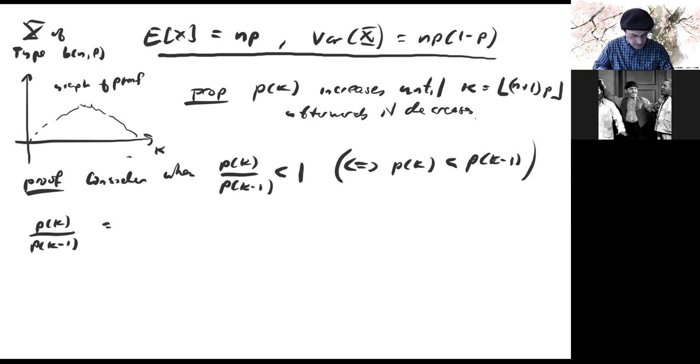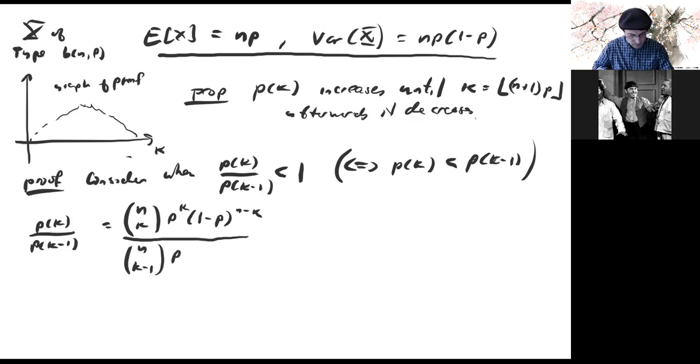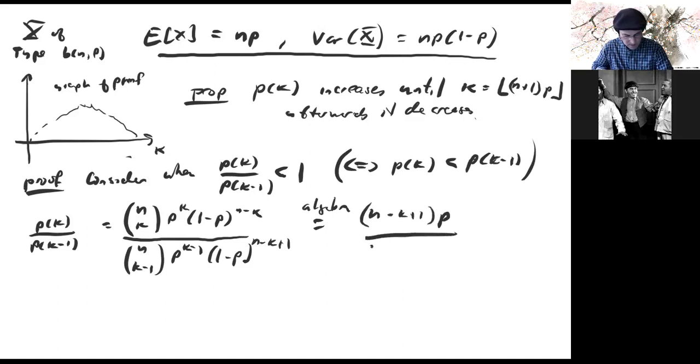Well, the numerator is n choose k times p to the k times (1 minus p) to the n minus k, and the denominator is n choose k minus 1, p to the k minus 1 times (1 minus p) to the n minus k plus 1. Okay, and what is that? Well, if you do the algebra, and this is just some algebra which you can do, it's not hard, we get (n minus k plus 1) times p over k times (1 minus p). That's what this expression is equal to.